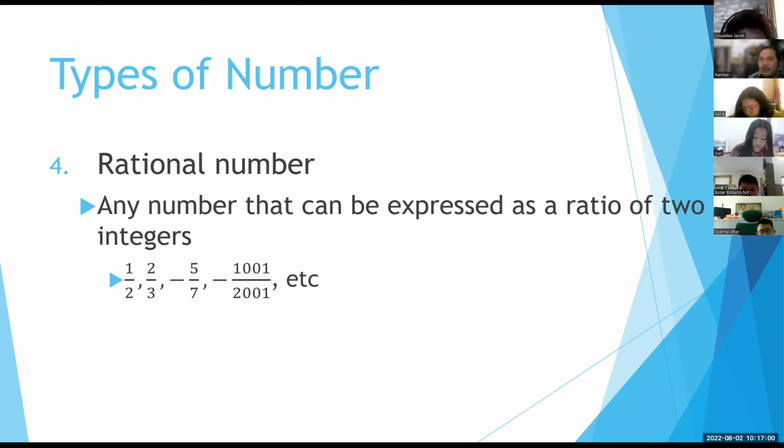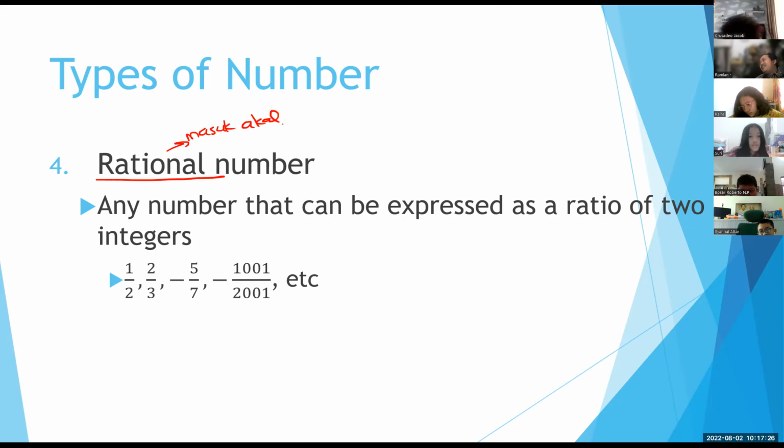Most people will teach you how to count from the number 1, like 1, 2, 3, 4. And the next one is whole number because you are using 0. And the next one is integers, which is actually just natural numbers and whole numbers and negative numbers. And this one is a rational number. When we translate rational into bahasa Indonesia, we call it masuk akal.